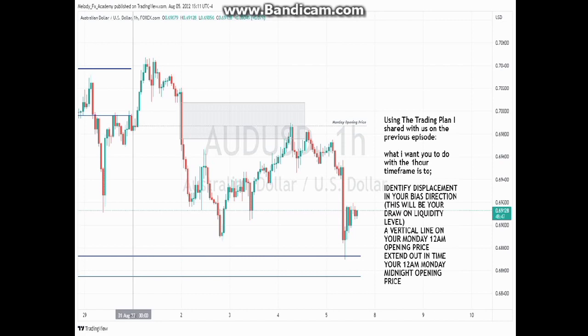Trust me guys, if you are patient enough to wait for this kind of move to happen, you are going to get huge risk to reward ratios. You're going to pull up trades that offer huge returns. You're not going to be looking at a minimum of 3 to 1 anymore. You're going to be looking at a minimum of 5 to 1, sometimes 8, sometimes even more.